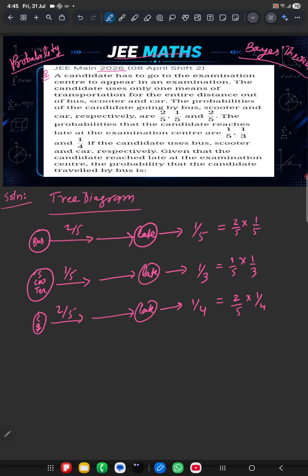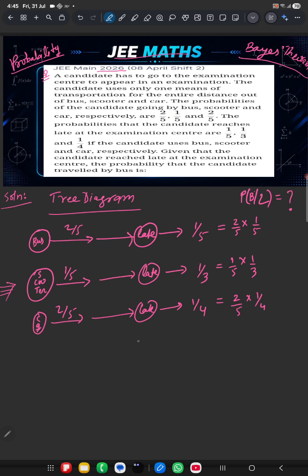And you have to find the probability that he traveled by bus, given that he is late. This is the point of attention.